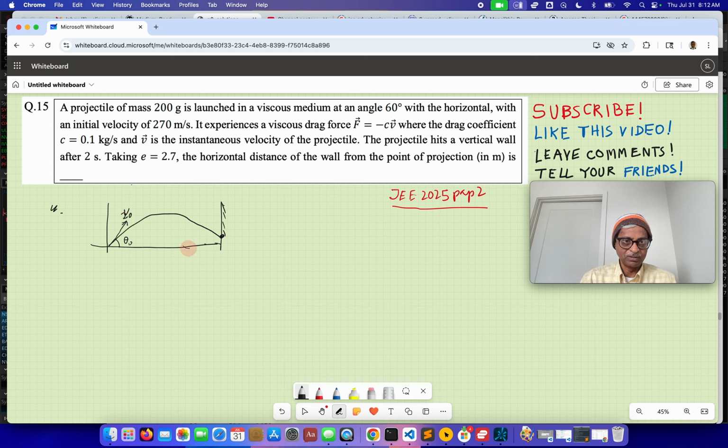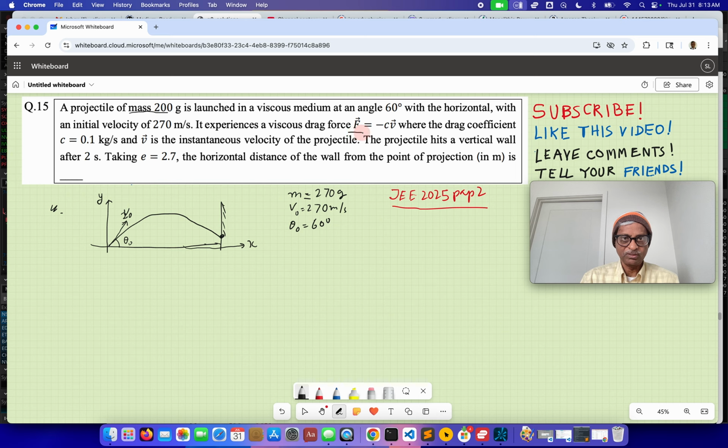So this is the horizontal. Let's call it X, let's call it Y, and the mass is 200 grams. So V0 is 270 meter per second. Theta 0 is 60 degrees. Mass is 270 gram.